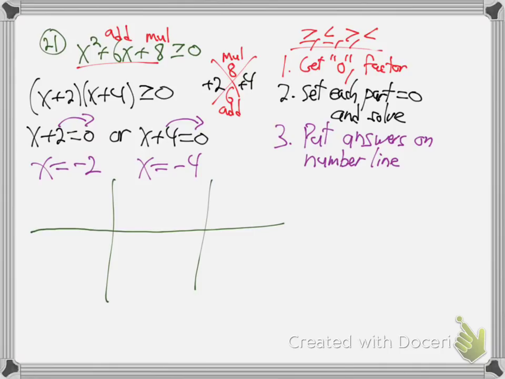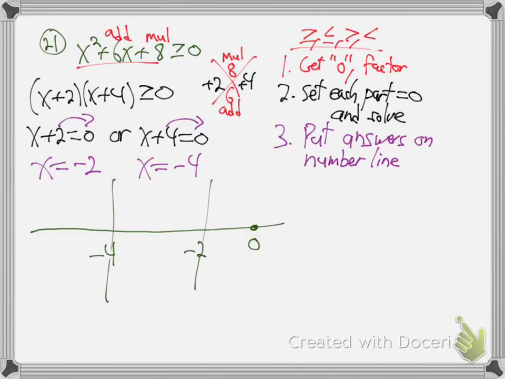Now it's easy to make a small mistake at this point and go negative 2 is here and negative 4 is there. That's actually backwards, isn't it? Because 0 is somewhere over here, and negative 4 is actually further left, so you want to put negative 4 here and negative 2 there, like that. That's their true order on the number line. Watch out for that. Okay?